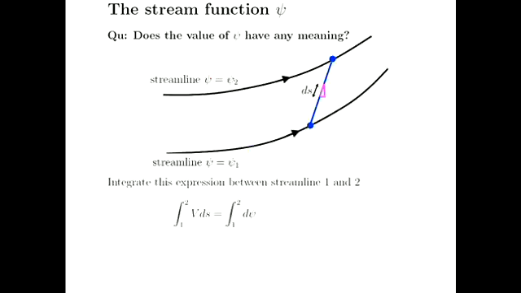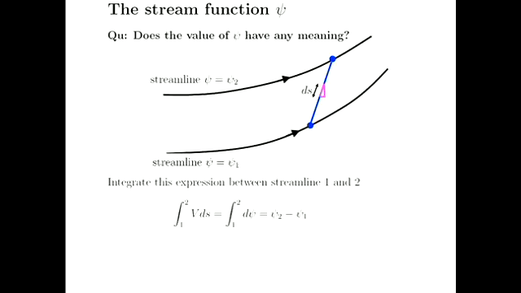If I integrate between streamline 1 and 2, along that entire blue line sketched in that diagram above, I get that the integral of v ds between positions 1 and 2 is equal to the integral of d psi between positions 1 and 2, which is just psi 2 minus psi 1.